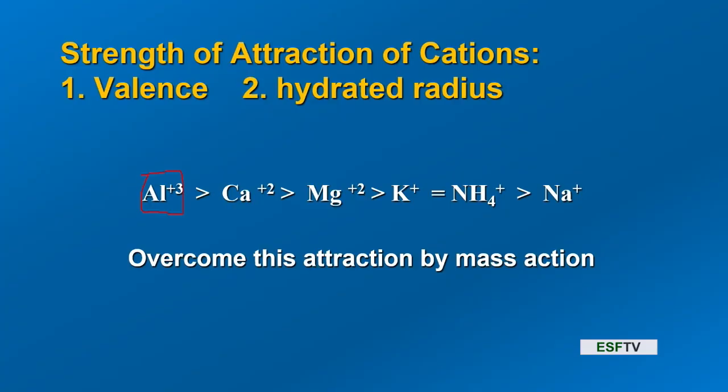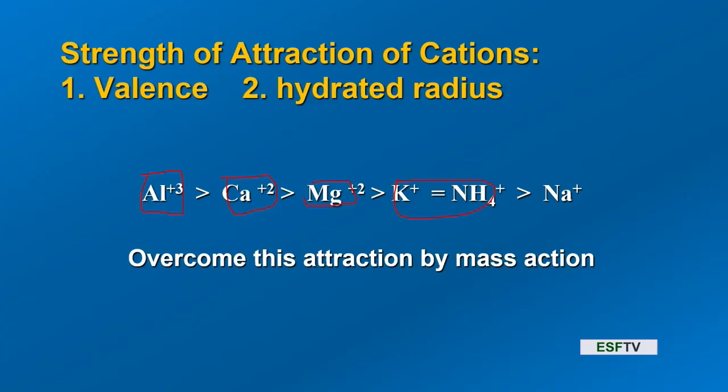Next one down is calcium +2, a little less strong, a little less valence. It's still pretty tight, but not quite as tight as aluminum. So here you have a calcium ion floating around. It's got a little bigger hydrated radius, but it's still pretty tight. It's a little bigger than magnesium, a little tighter. And then we get to K+, ammonium, about the same attraction.